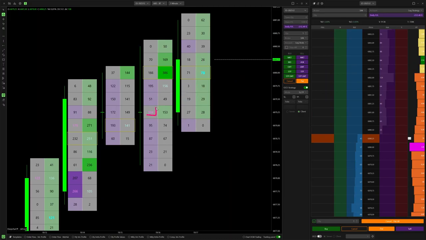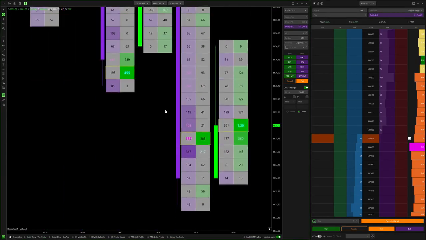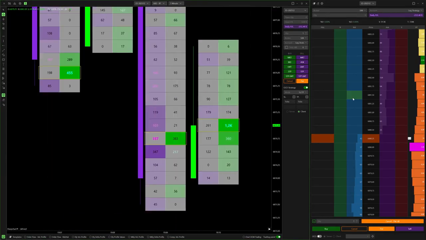Same here in purple, light purple, you're going to see if there's an imbalance of at least 200% between these two numbers. And in case the imbalance is more than 4 times, so more than 400%, you're going to see it very punchy and with a big highlight.